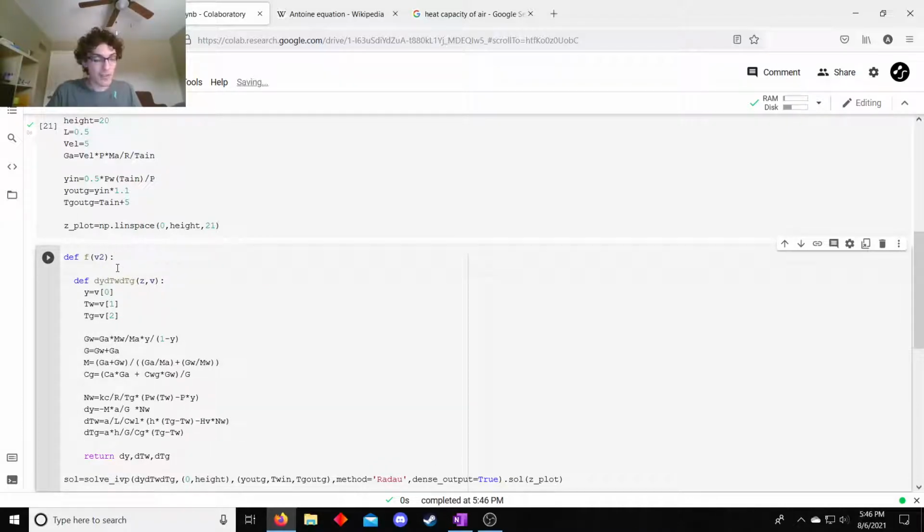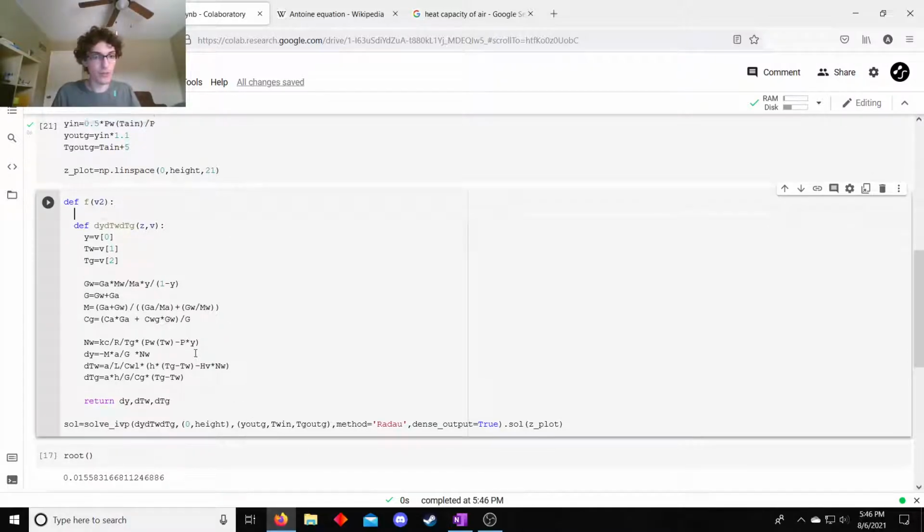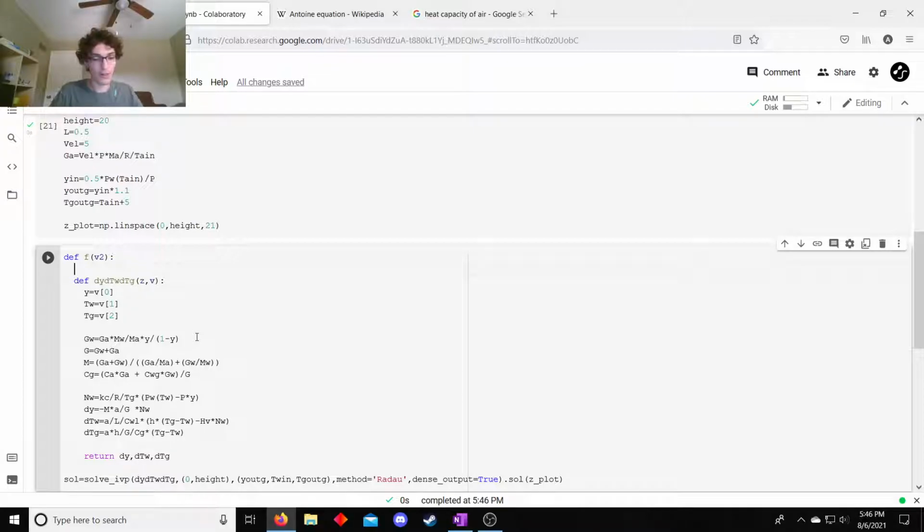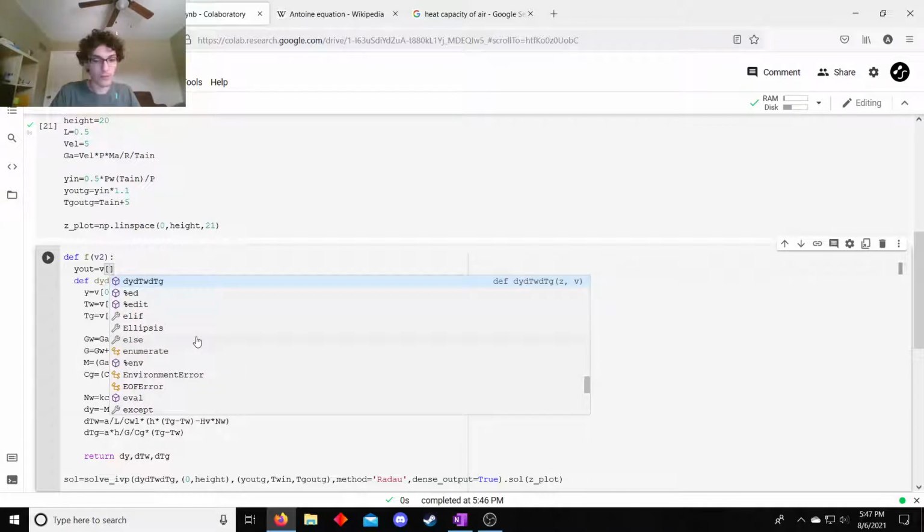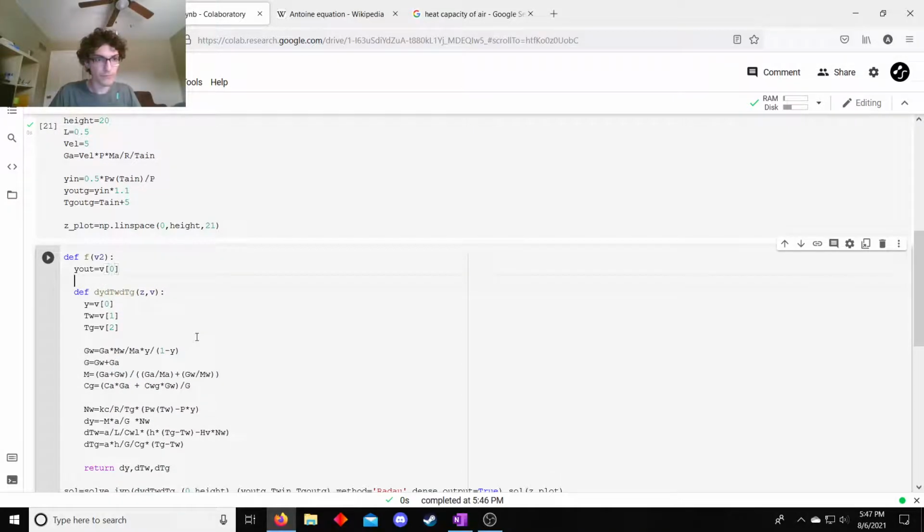I'm going to specify that we're looking for the mole fraction of what's going out, which equals the first value in that array, and the temperature of the gas out equals the second value in that array.